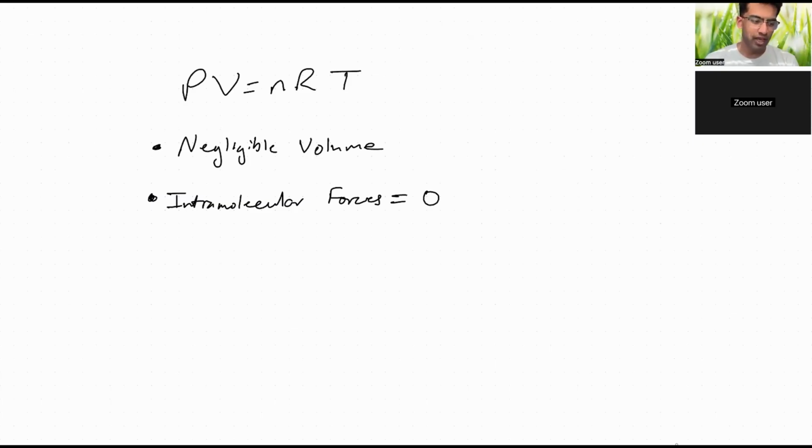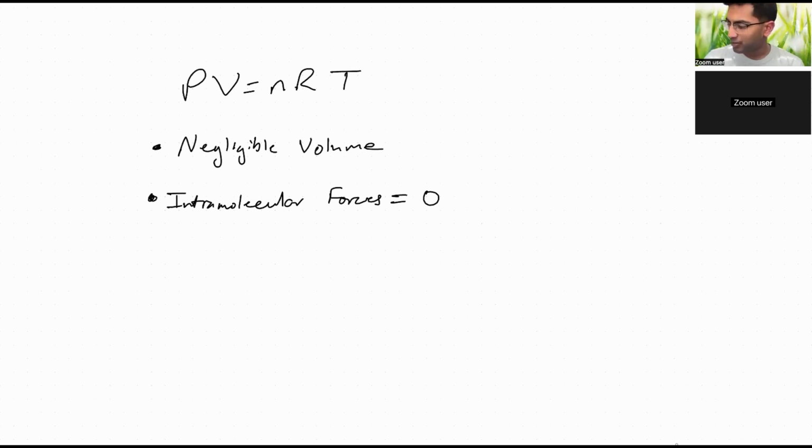If we have a lot of space, then it's fine. Essentially, if there's negligible volume, it's unlikely that a gas molecule will collide with another gas molecule and get in each other's way, right? It's only when you increase the pressure to a certain point where you've cramped up all these molecules.